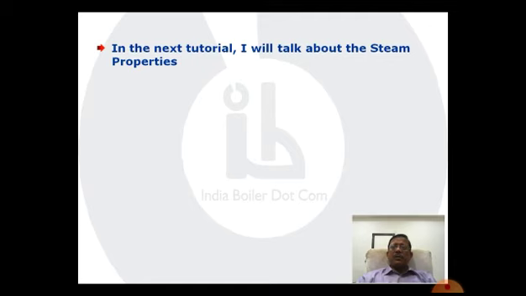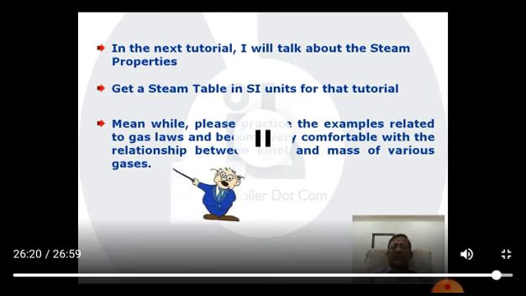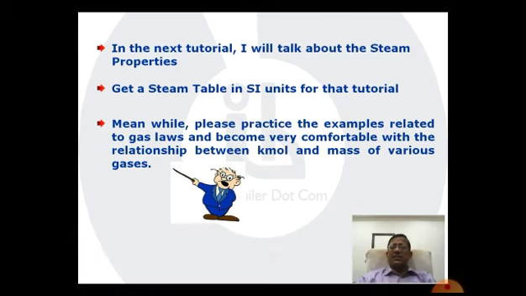In the next tutorial I am going to talk about the properties of steam, right? So before you attend that tutorial you must have a steam table with you in SI units, right? And it's not going to be a bad idea to practice on the examples given in your chapters, any examples using gas laws, right?